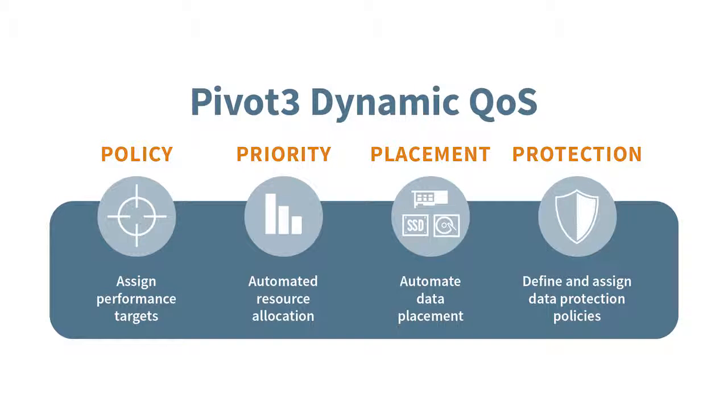In this demo, I'll walk through some of the capabilities we have around quality of service for performance as it relates to being able to set policies and targets, prioritization of performance, and then tie that directly through virtual volumes inside VMware, where I can do this at a granularity level on a per VM basis.